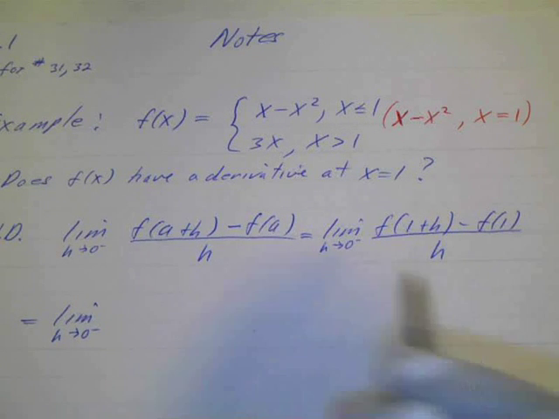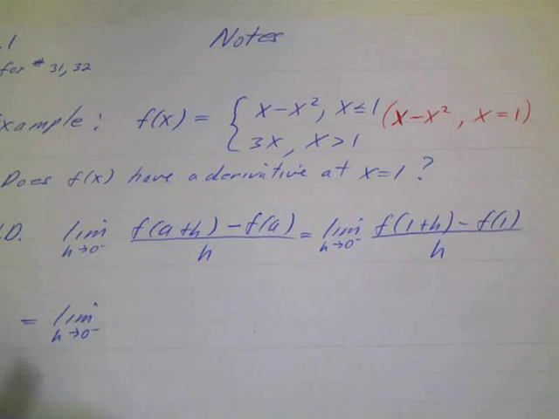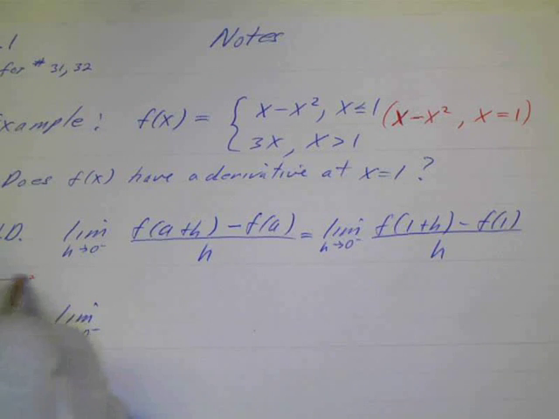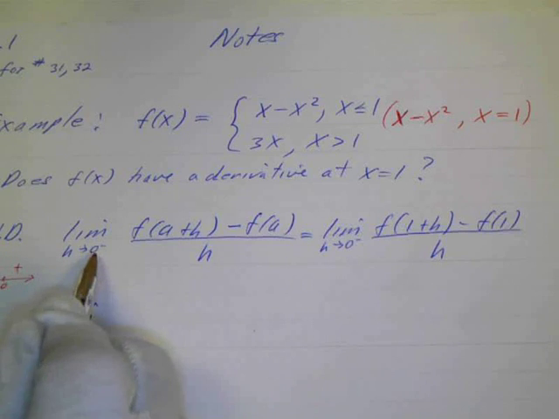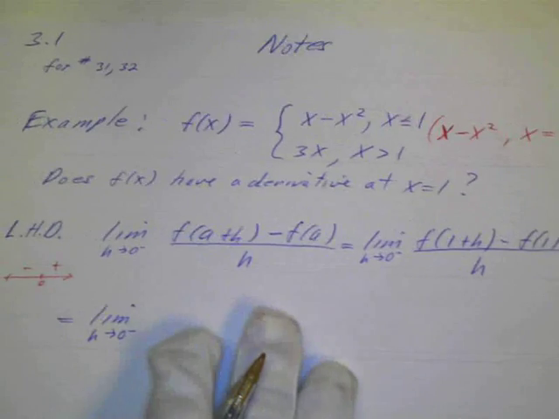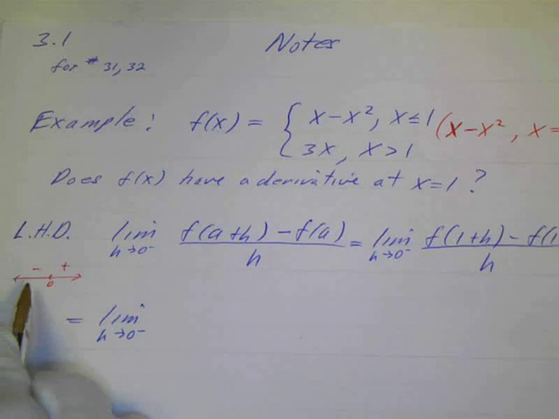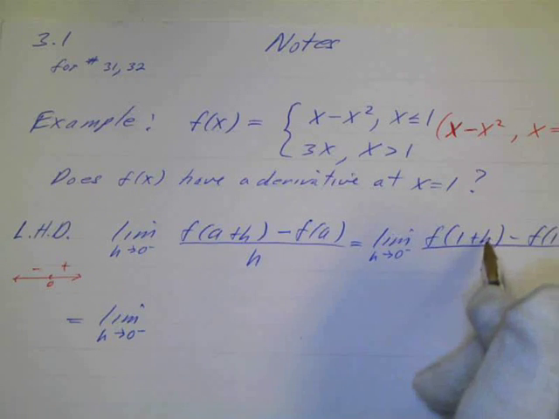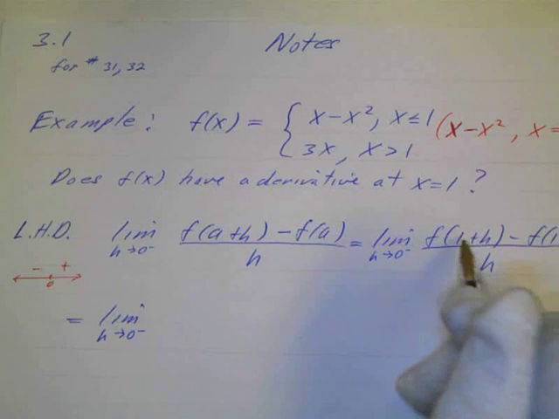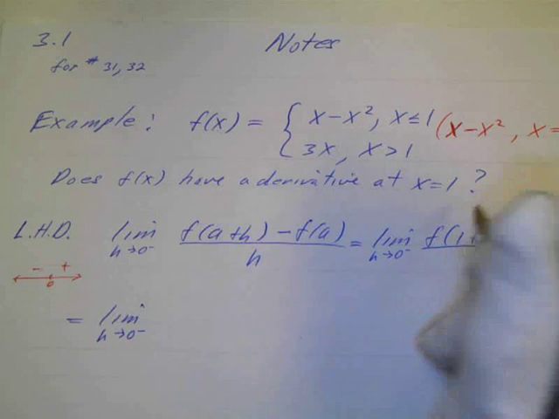Now let's look at this. Now remember, as h approaches 0 from the left, if we look at our number line here, and here's 0, these numbers here are negative, these numbers here are positive. So as h approaches 0 from the left, you can see that h is going to be negative. All right? So if I add a negative to 1, this is going to make this number less than 1.